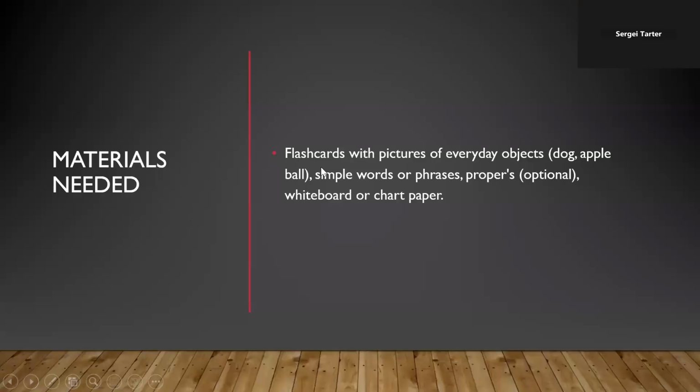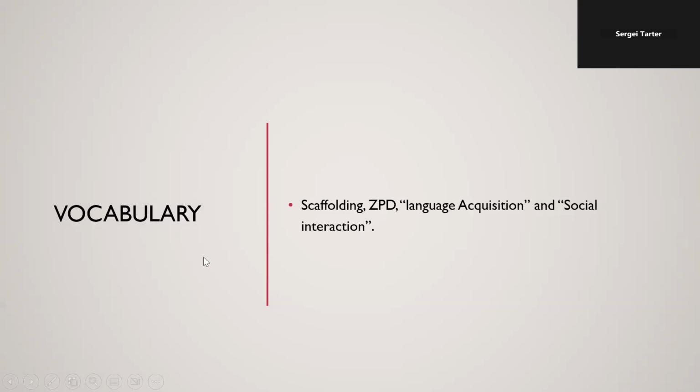The materials needed are flashcards with pictures of everyday objects, like dog, apple, ball, simple words or phrases, props, which are optional, whiteboards, or even chart paper. Vocabulary, scaffolding, ZPD, language acquisition, and social interaction are used during this role play.